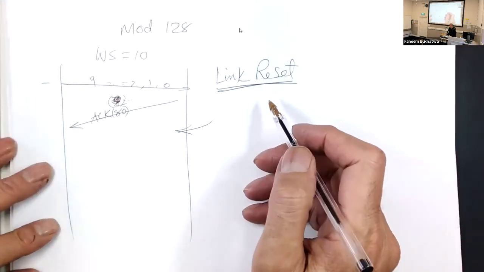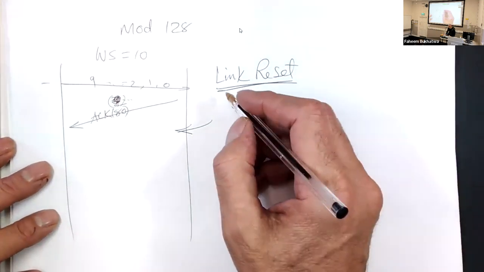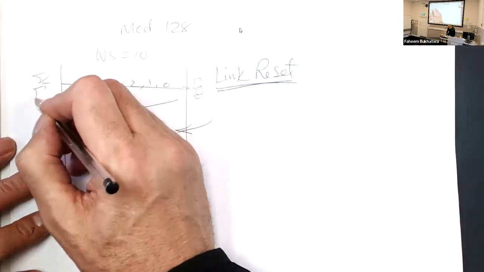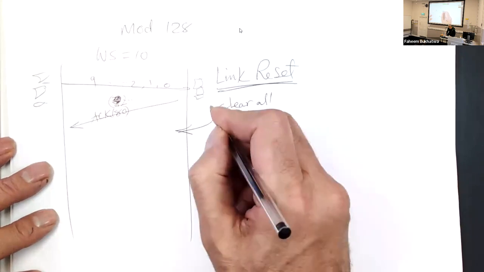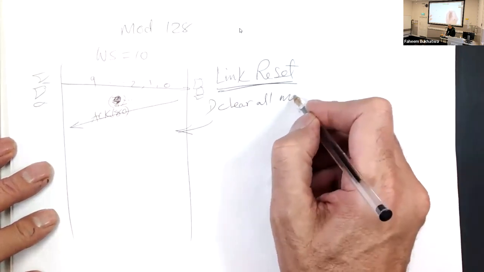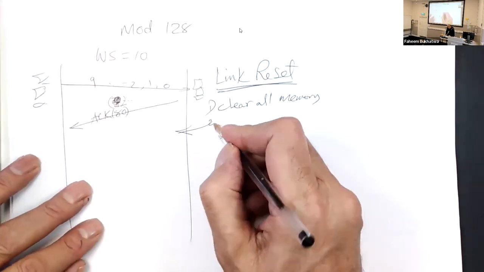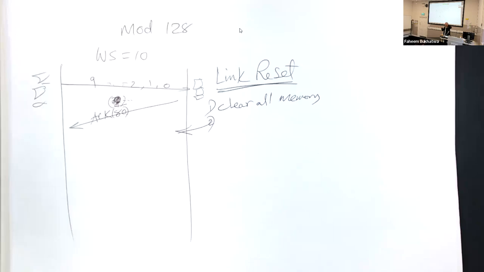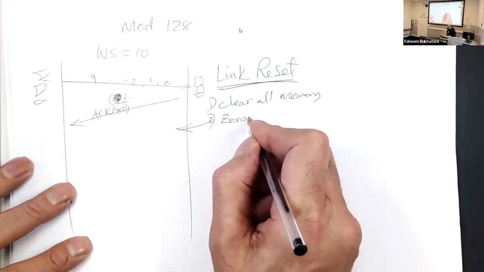So what does the link reset process entail? The following steps. First, if you have any frames in memory, either send or clear memory. Clear all memory. This is the first step we do. Everything is going to be deleted. And all the variables that we have, the counters, how many frames did you send me, frame number 10, what acknowledgement we sent you, what frame I'm expecting, zeroize all counters.